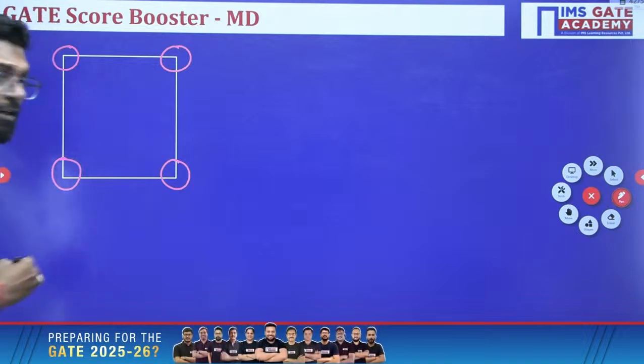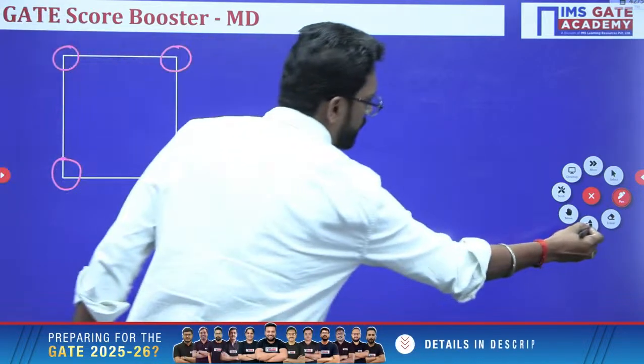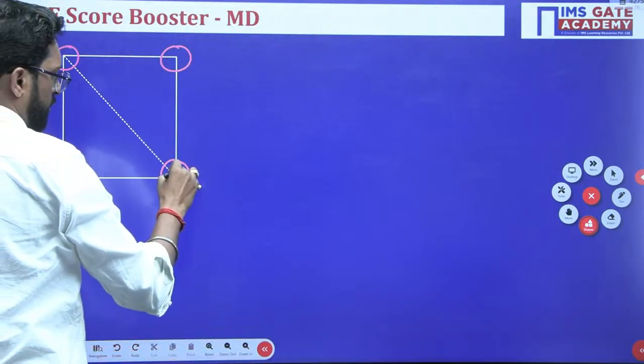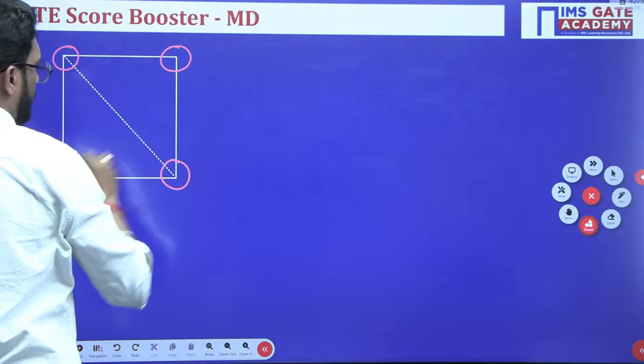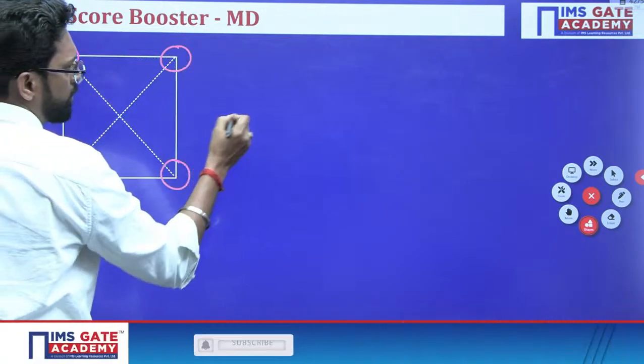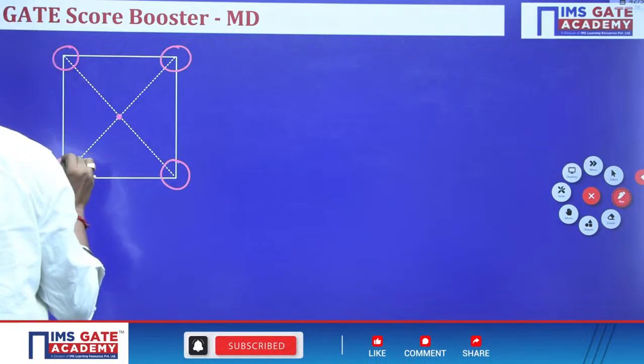There are 4 bolts. What is the CG? If you cross this one, this is your CG of this rivet group. So this is your CG.